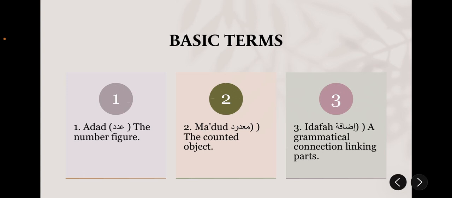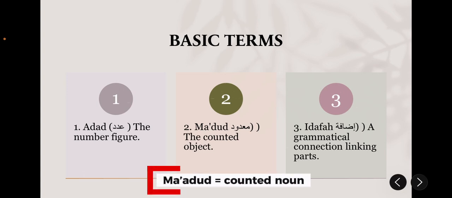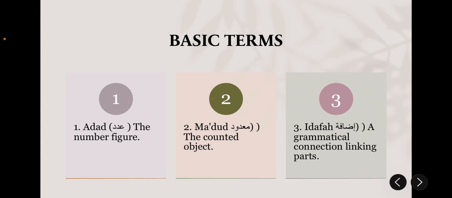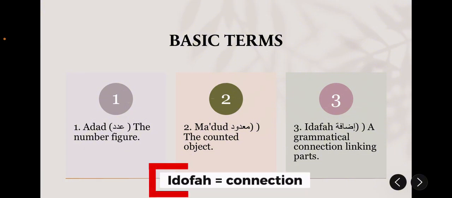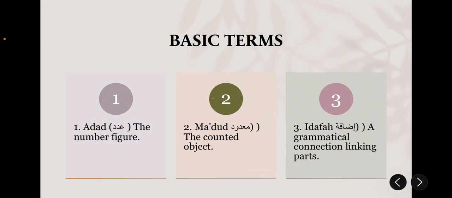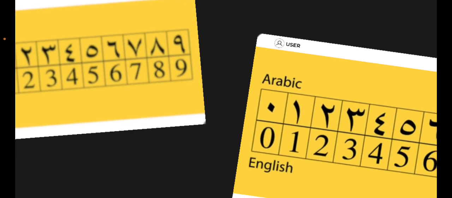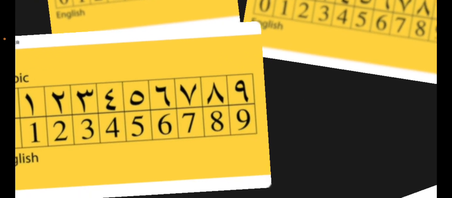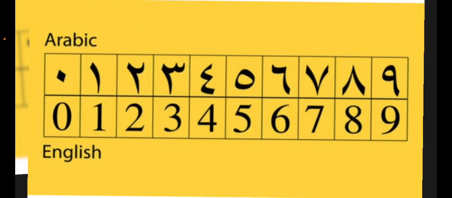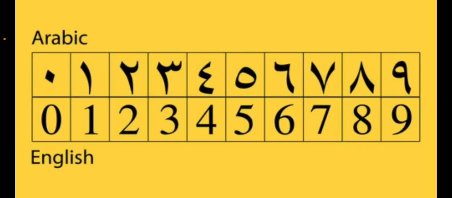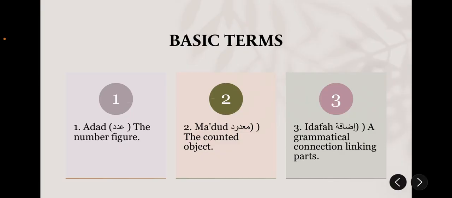Ma'dud is a term for the counted noun or the counted object. Number 3, Idofah. Idofah means a relationship or a connection between two things, and usually it is used to show possession. Idofah is another topic that we discuss in our subsequent lessons. However, Idofah, which is a linkage or connection between two things, is going to be useful when you are counting from 3 to 10.